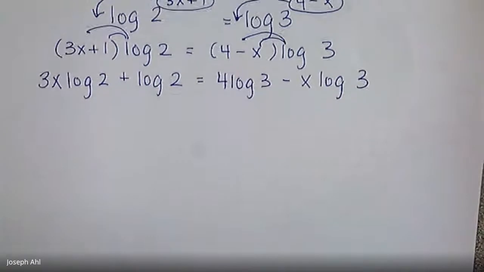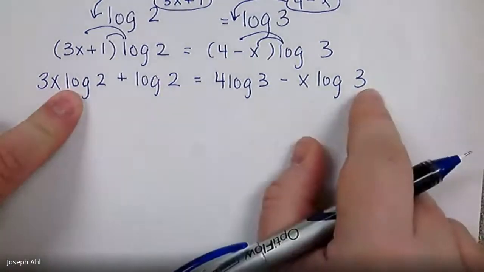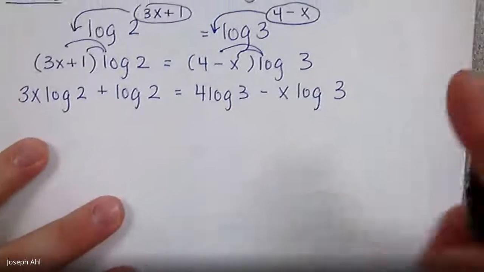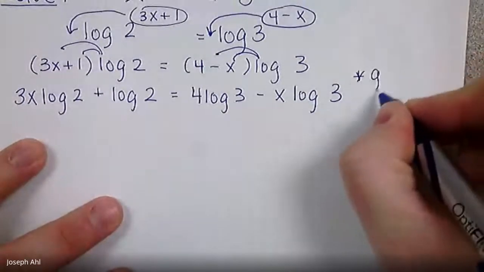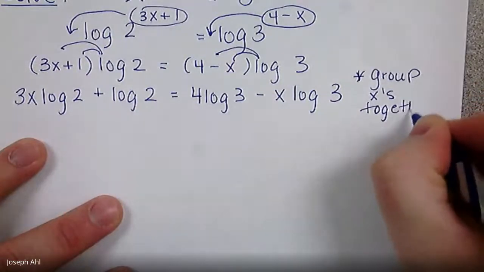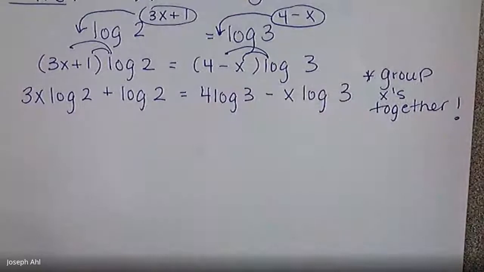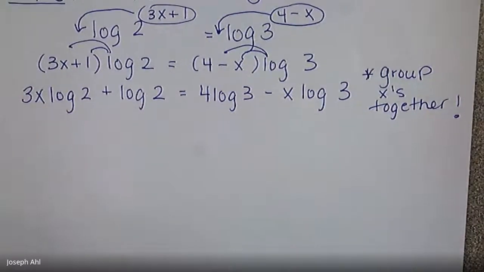Okay. So now that we've distributed the log 2 and the log 3, we're kind of at a key stage. If you want to solve for x, we have x's on both sides. So the key stage here is to group the x's together. Anything with an x, you're going to put on one side of the equation. Anything without x, you want on the other side.